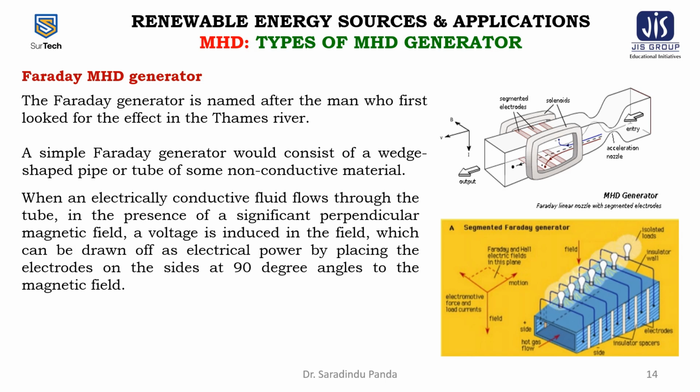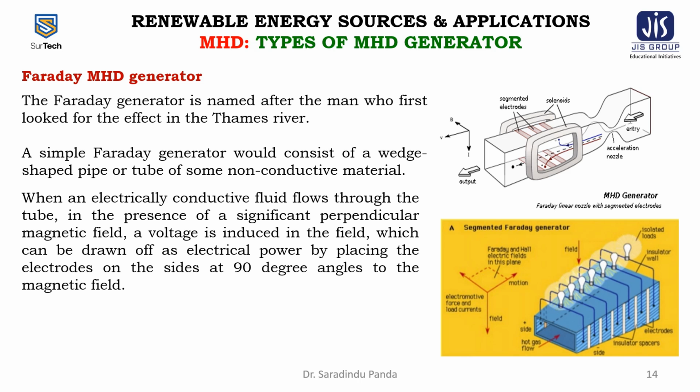When an electrically conductive fluid flows through the tube in the presence of a significant perpendicular magnetic field, this is the electromotive force and the load currents. This is the Faraday and the Hall electric fields in this plane, and this is the motion, and this is the field. Both are at 90 degrees to each other.